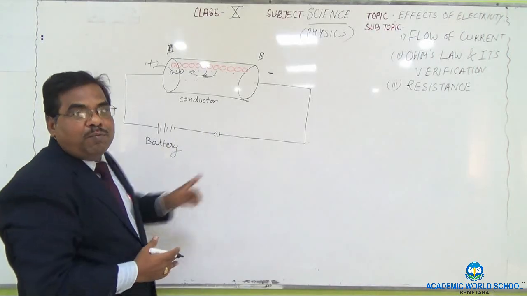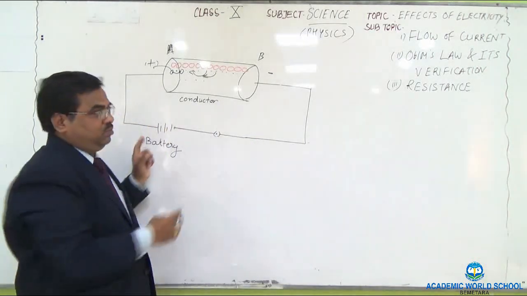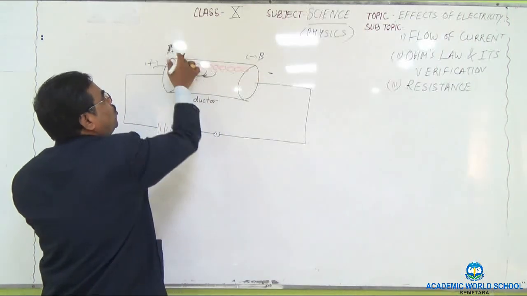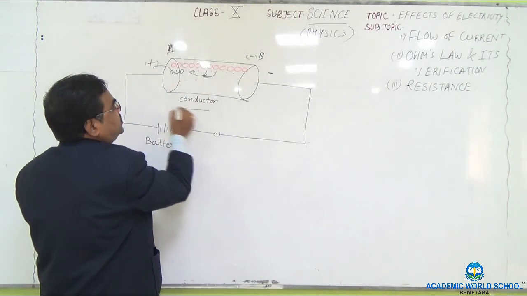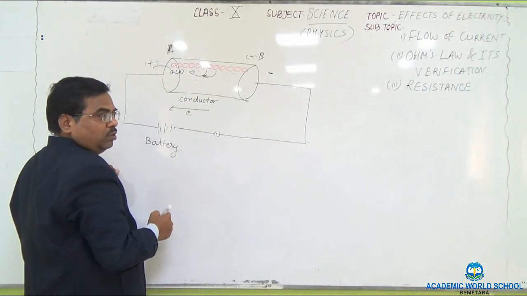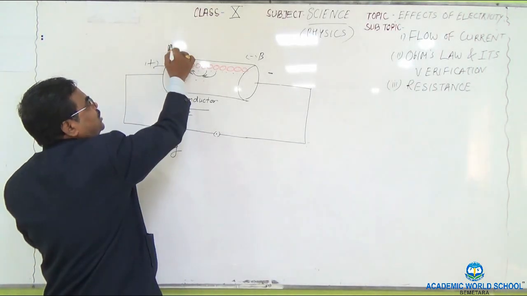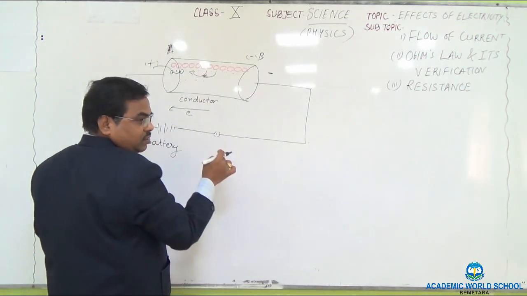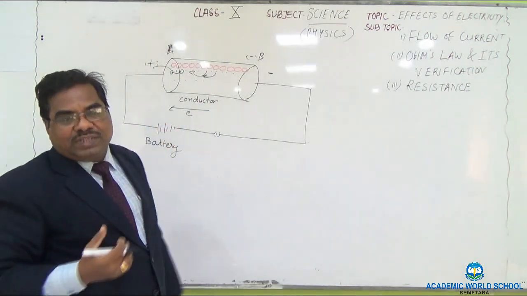Electrons go from B to A. The negative charge is going from B to A. So direction of electron is B to A. But the positive charge will go from A to B. Electron is negatively charged.